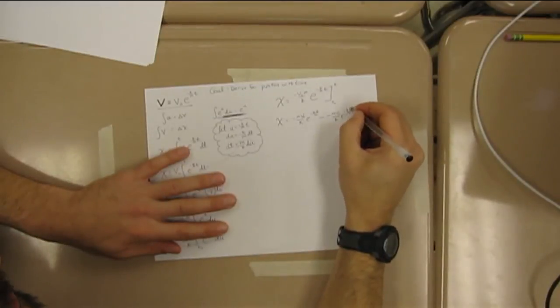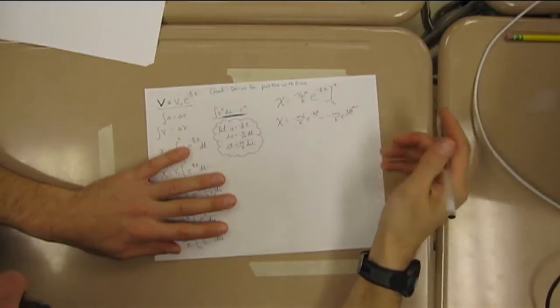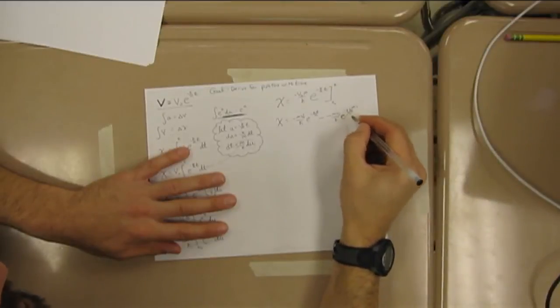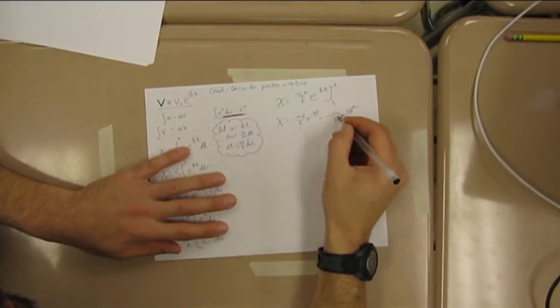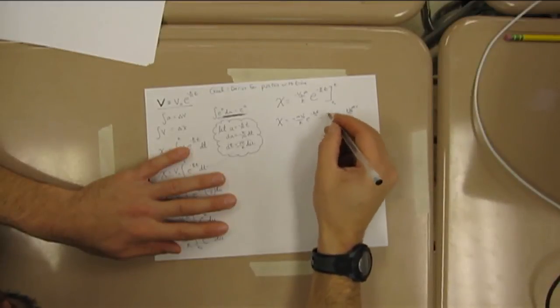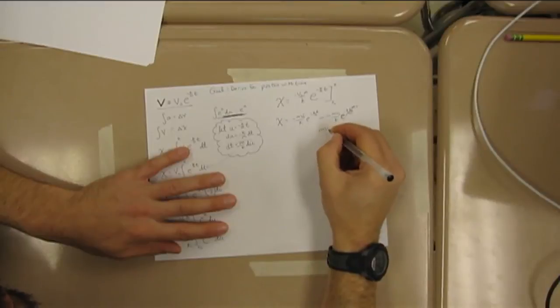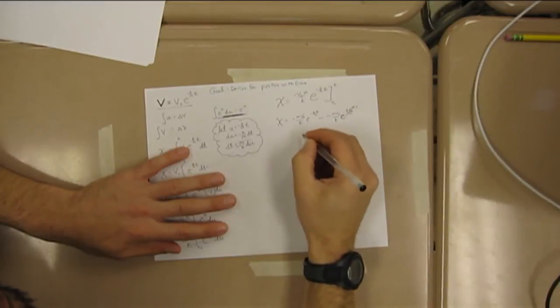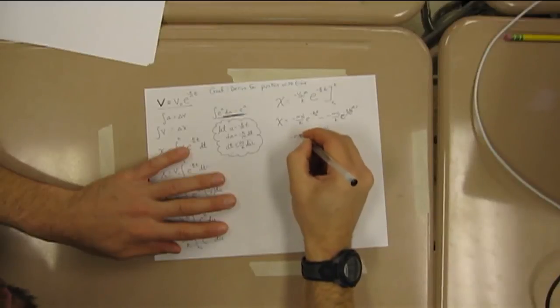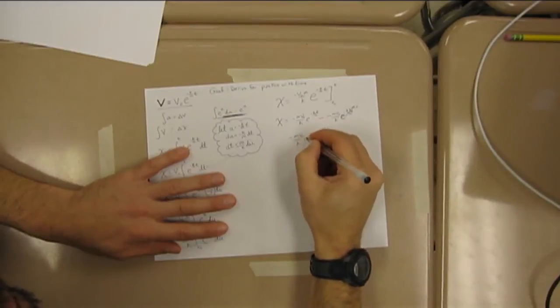Initial time is 0. So does this whole thing drop out to 0? Wait just a second. You got to be careful. e to the 0 is 1. So that becomes just 1 times that, and that's plus. So that's m V0 over k plus, and that's minus m V0 over k e to the minus kt over m.